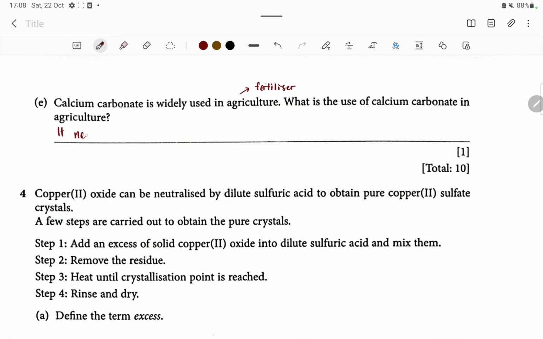So it neutralizes the acidic soil or lakes. So just like that, because calcium carbonate is a base. That's why when the soil or lake is acid because of acid rain, then we can use a base to neutralize it.